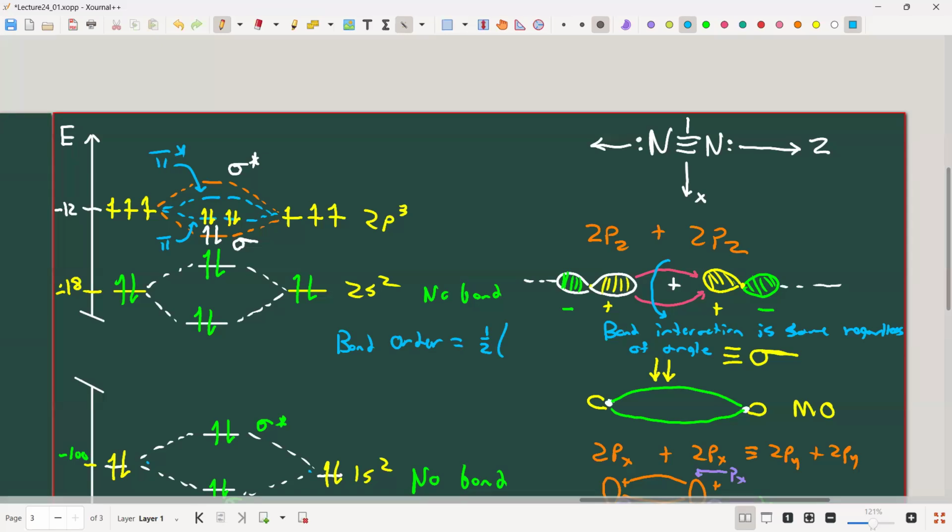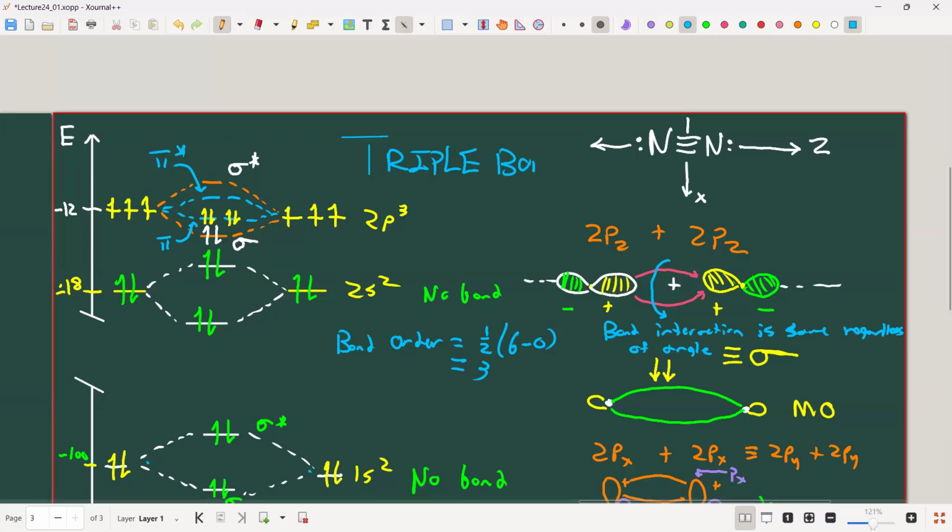And we're left with 6 bonding electrons and 0 antibonding, which is 3. This is a triple bond. The triple bond forms with a bonding sigma combination, that's the single bond through the axis, and then 2 perpendicular pi bonds that form the double bond and the triple bond of the system.